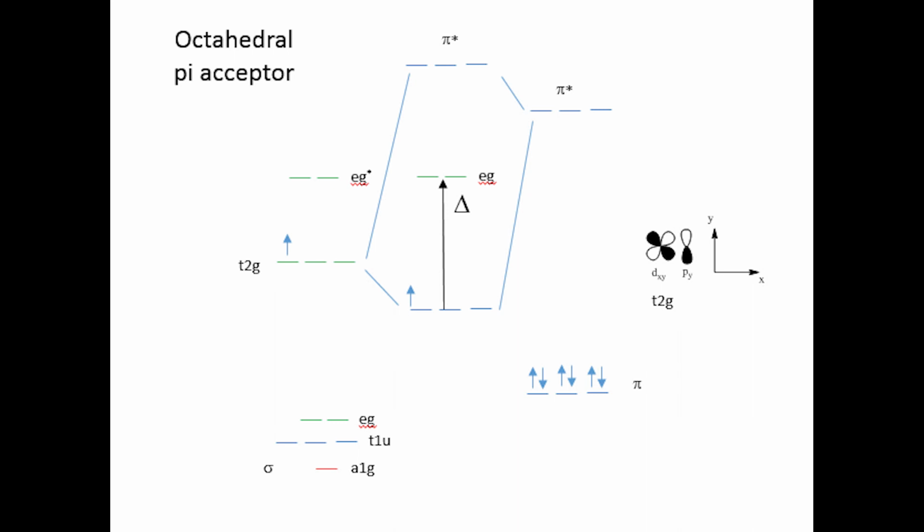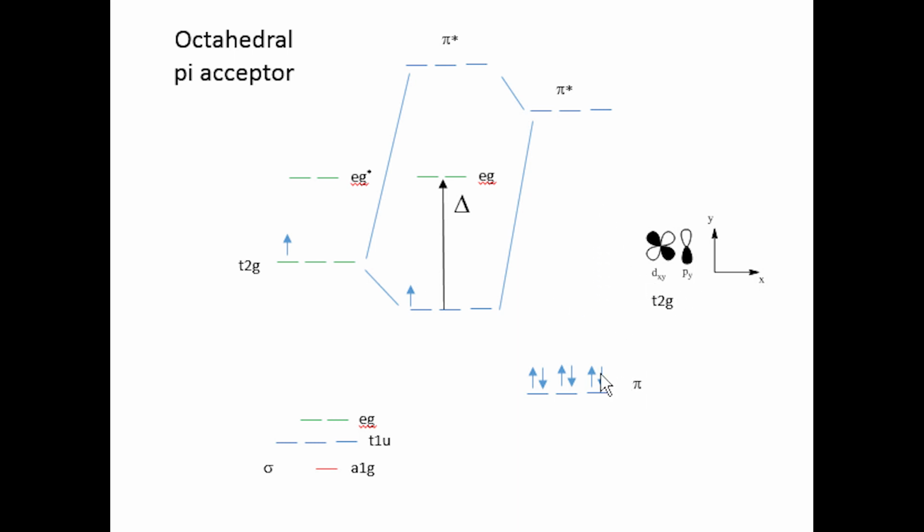Now let's look at an octahedral complex that has pi acceptor ligands like carbon monoxide, CO. If we look at it here, again, we have the T2G and EG d orbitals on the metal. And so they're separated because they're interacting through the sigma bonds we just talked about. But now we'll look at the ligand orbitals.